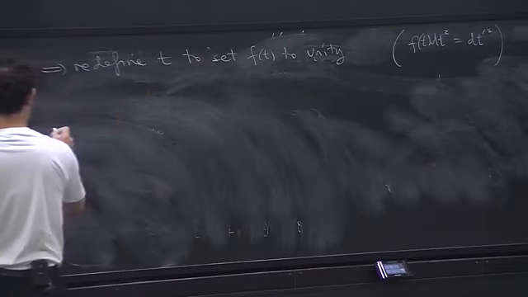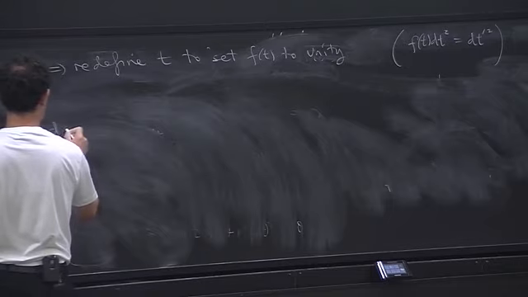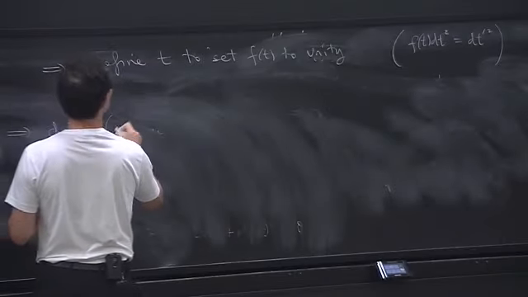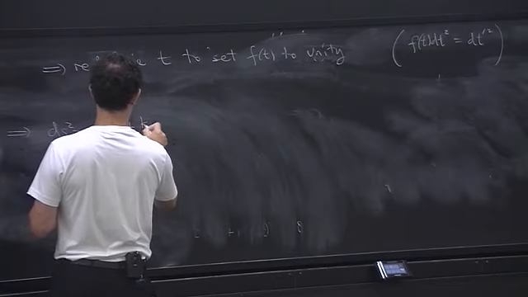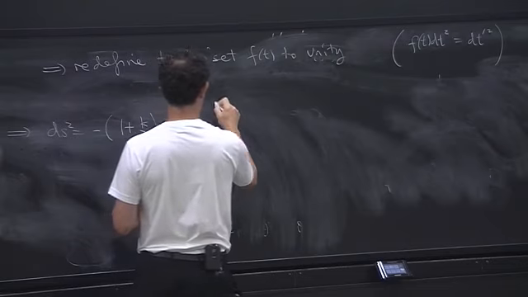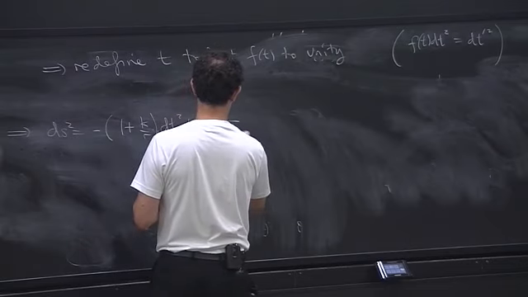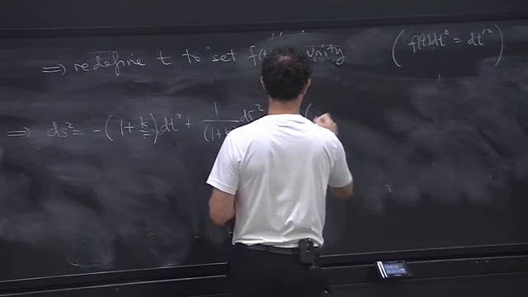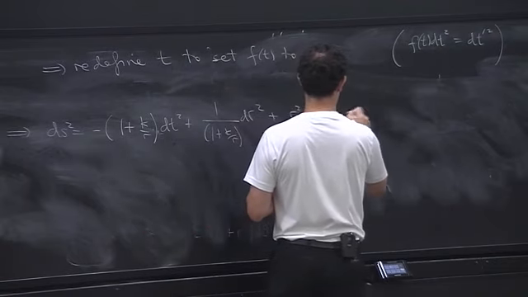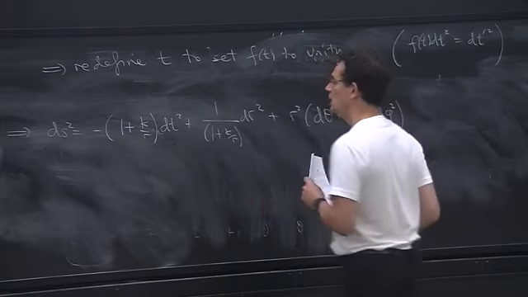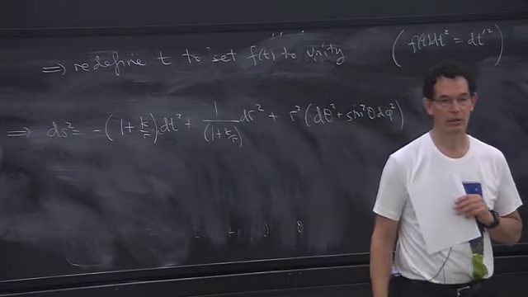And so voila, we have that ds squared is equal to minus 1 plus k over r dt squared plus 1 over 1 plus k over r dr squared plus r squared d theta squared plus sine squared theta d phi squared. That is the Schwarzschild metric.